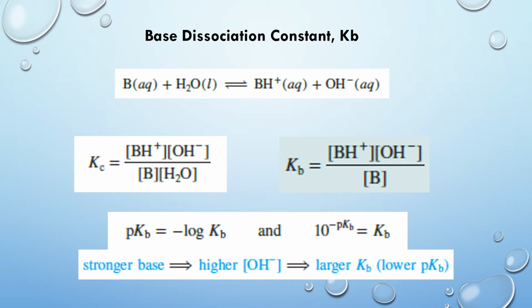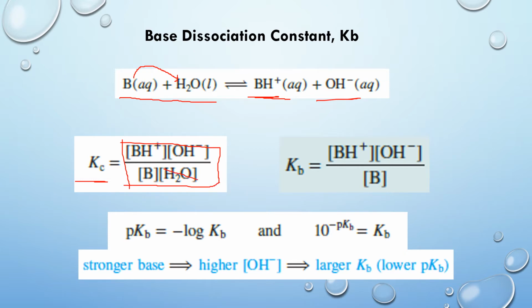So for example, if you have a weak base, you get a proton from the water, generating the conjugate acid and the hydroxide. For the equilibrium constant Kc, we can express it like this, and again, because water is a liquid, we can delete it.